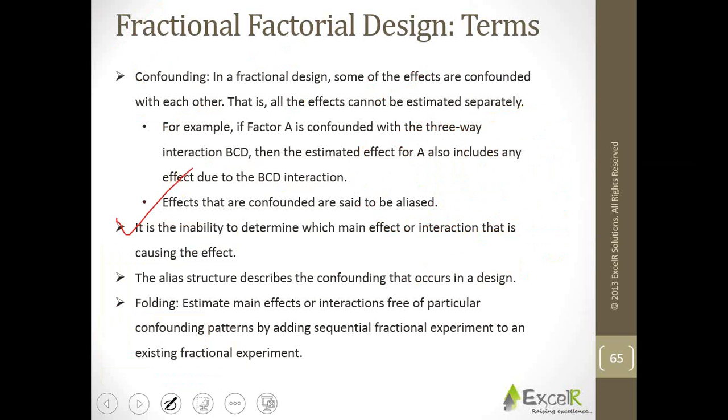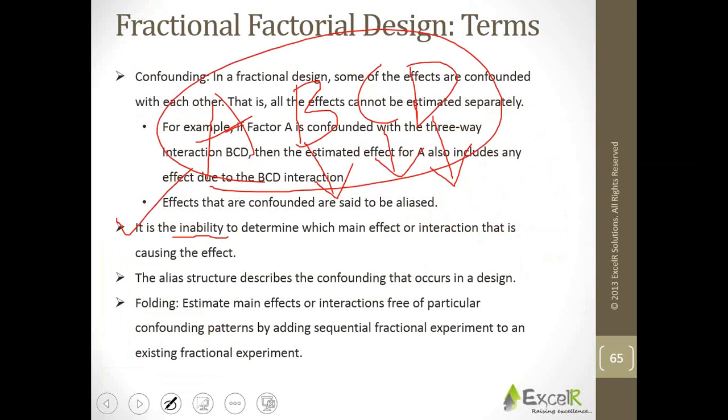It is the inability to determine which main effect or interaction is causing the effect. So if we confound A with B, C, D, we cannot say exactly that C is causing the effect or D is causing the effect or only B is causing the effect.